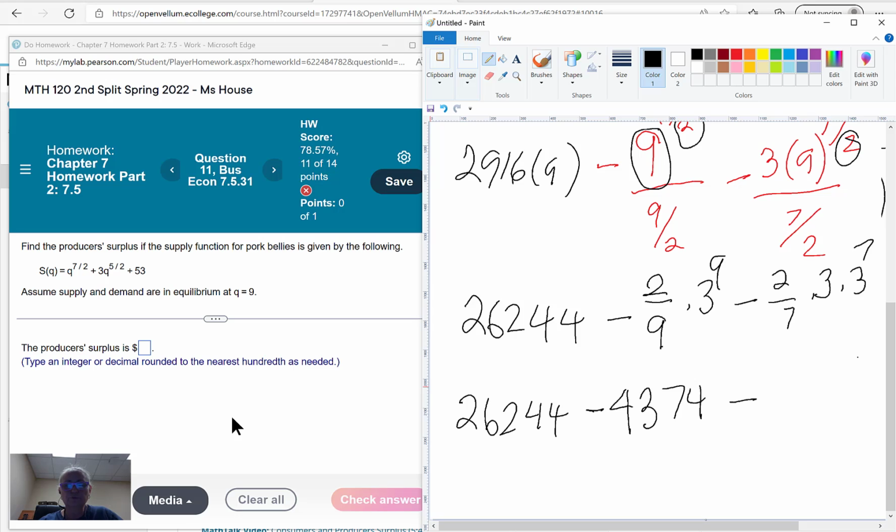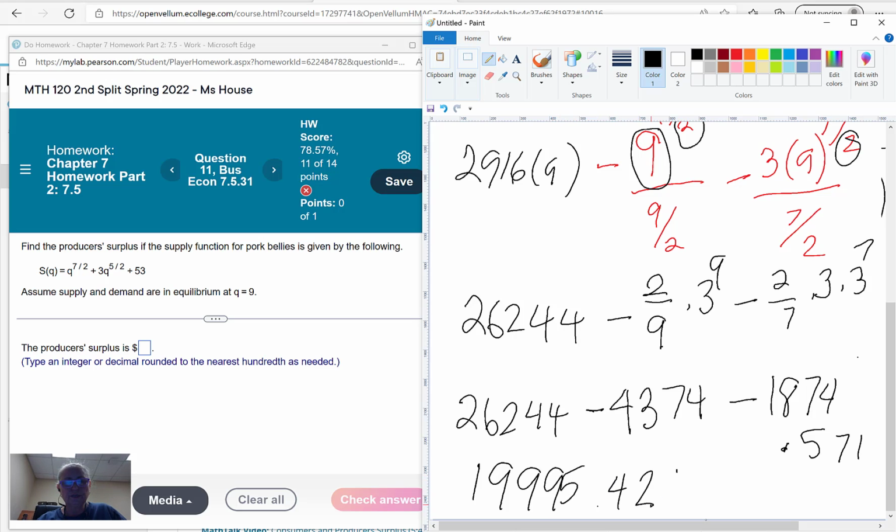And look, we're going to have to round to the nearest hundredth, so I'm going to go 3 places here: 1874.571. Now I'm going to subtract these and I'll have my answer. 26,244 minus 4374 minus 1874.571 is 19,995.429.